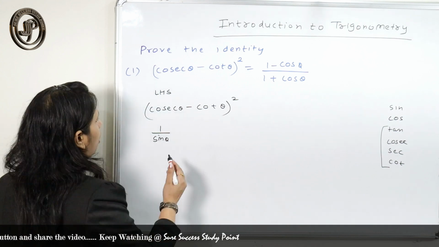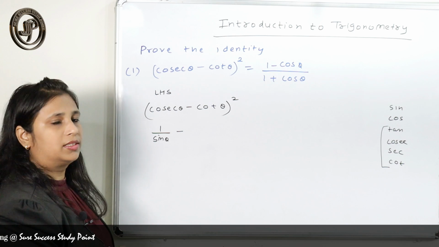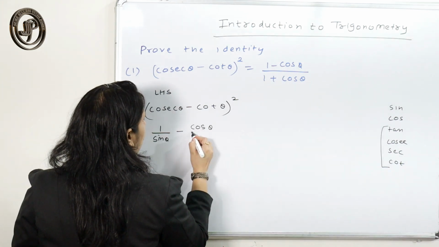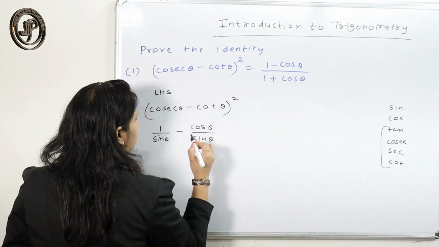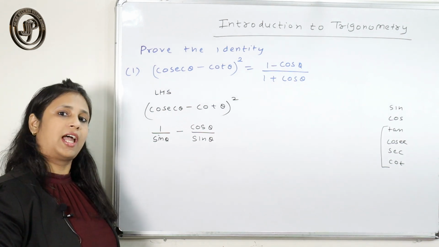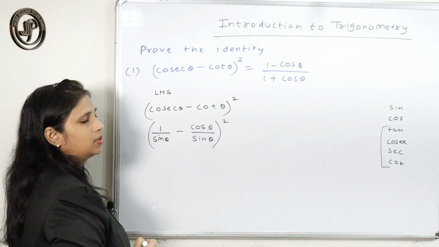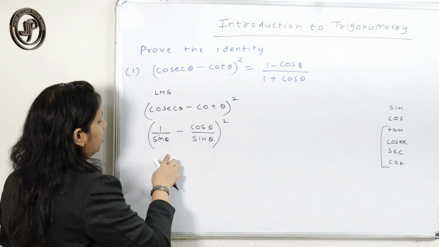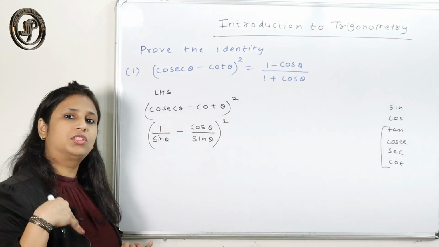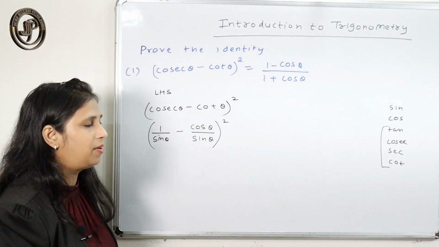Cosec I can convert as 1 by sine, and cot as cos theta upon sine theta, because I have to convert into either sine form or cos form. So I have done this. After converting all the data given into sine cos form, the second step is to simplify this.